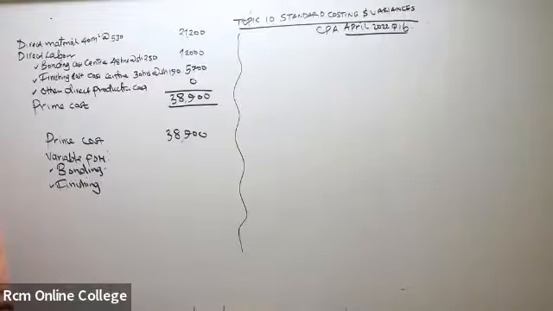Overhead absorption rate. So which one will be our cost driver? We use the overhead absorption rate. We're supposed to get this cost per unit, but remember, these costs are absorbed based on hours. But you're supposed to get the cost per unit. How are you going to address that?